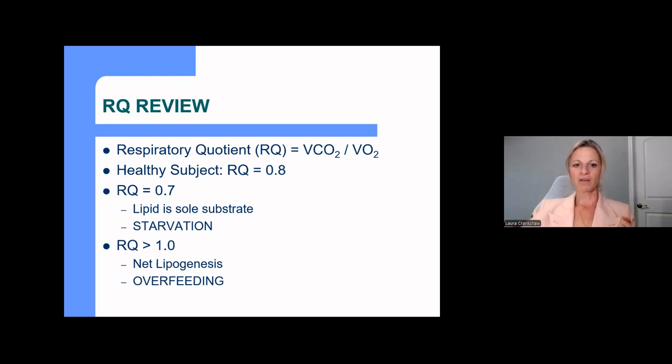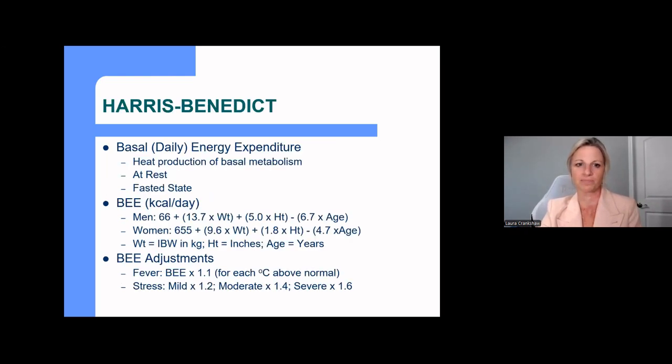When it's over 1, that's net lipogenesis. We are taking in more than we're using, so we're storing extra, and we don't want to be doing that. That means we're overfeeding patients. Glucose is that nice middle area where we're using as much as we're taking in, and it's a nice balance. But when the fraction is larger than 1, it means we're exhaling way more CO2 than we need to be, because we're producing a lot more waste, and we don't need everything that we're taking in.